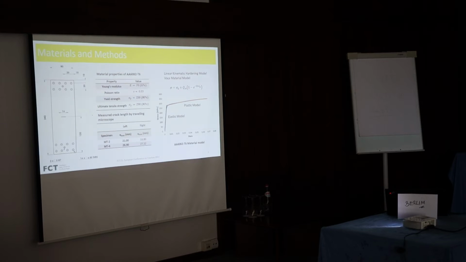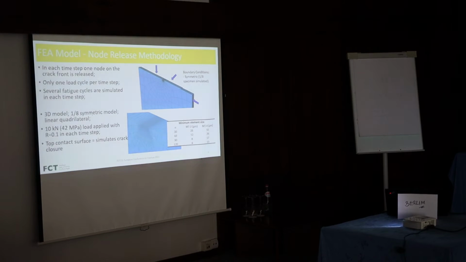For the finite element analysis, we decided to use the node release methodology, and in each time step, one node of the crack front is released, as you can see in the image. Only one load cycle per time step, and we simulate several fatigue cycles in each time step.